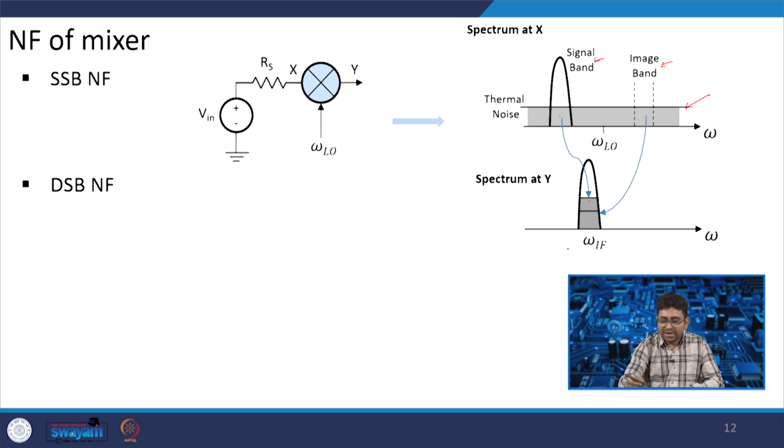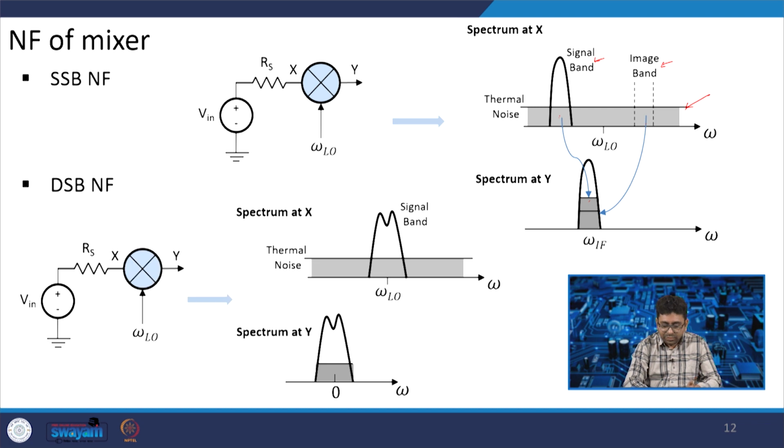So, if you consider the single sideband noise figure, it is high compared to the double sideband noise figure. In double sideband noise figure, omega LO is centered at the same input, that is, we are giving omega RF, and then when it is down converted, the same thermal noise will be down converted.